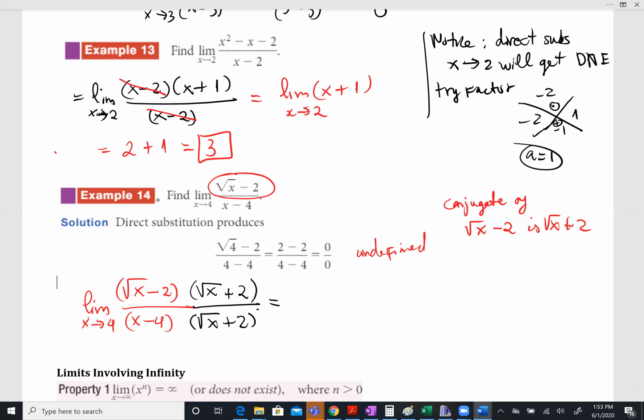Now this is exactly the formula for the difference of squares. So you will have (square root x) squared minus 2 squared over (x minus 4) times (square root x plus 2). Remember the formula.